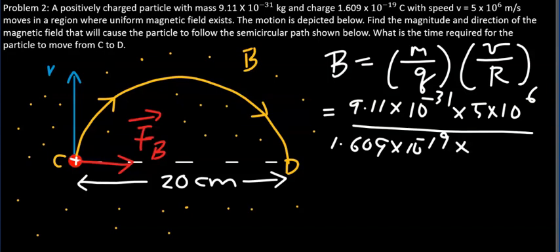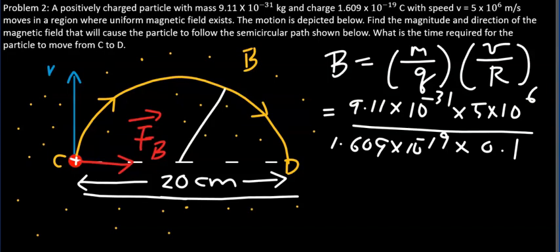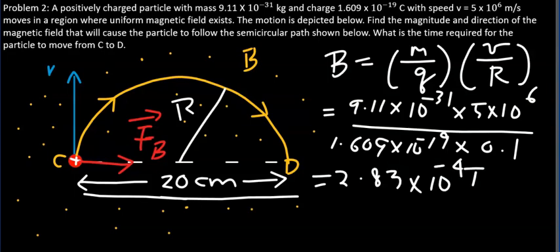And the radius is 10 cm, so converted that into meters, 0.1 meter. Note that this entire distance is 20 cm, so that's the diameter, so the radius has got to be half of that, which gives 2.83 times 10 to the power minus 4 Tesla. So that is the magnitude, and that is the direction.